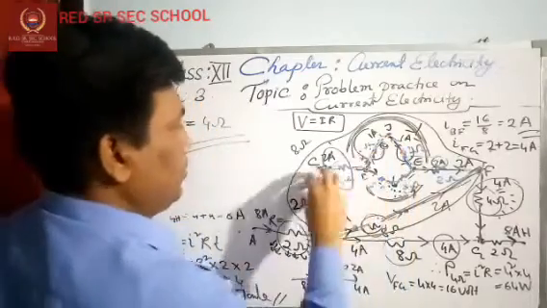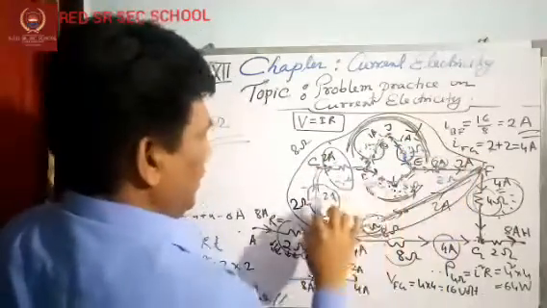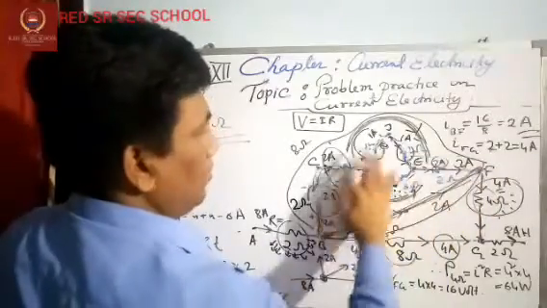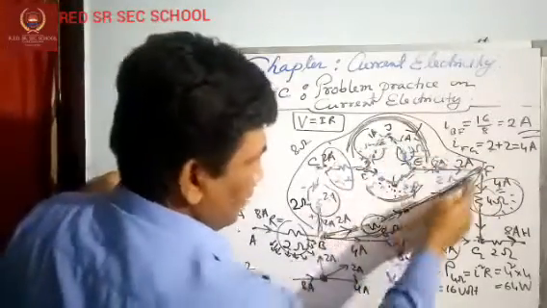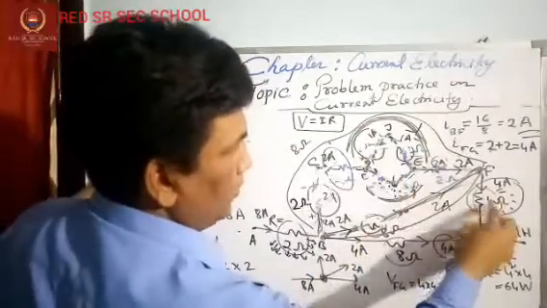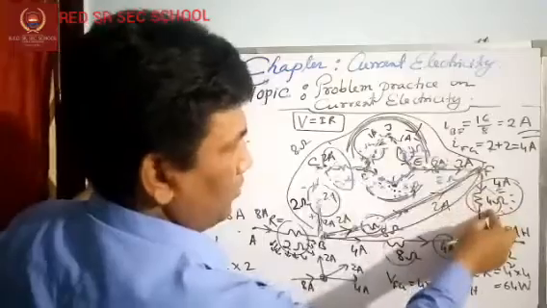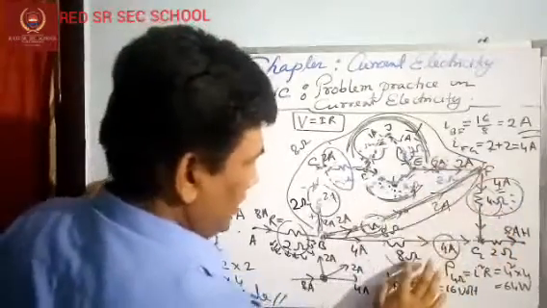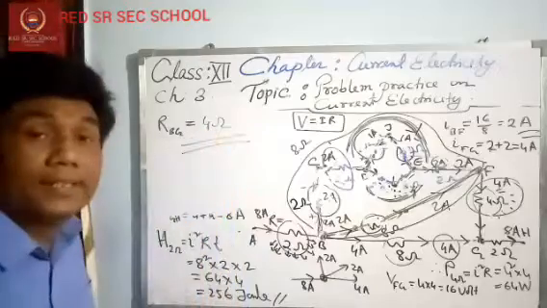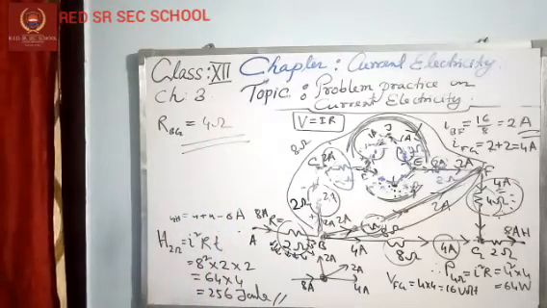Now you see 2, 2, 2, 2, 1, 2, 3, 4, total 8 ohm. This 8 ohm and this 8 ohm parallel, it means 4. This 4 and this 4 in series, 4 plus 4, 8. This 8 and this 8 parallel, 8 8 4. So final answer is 4 ohm. Are you getting my point?